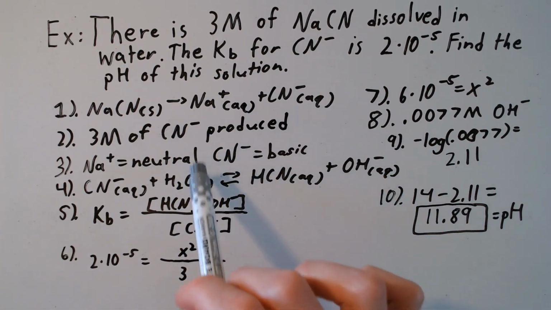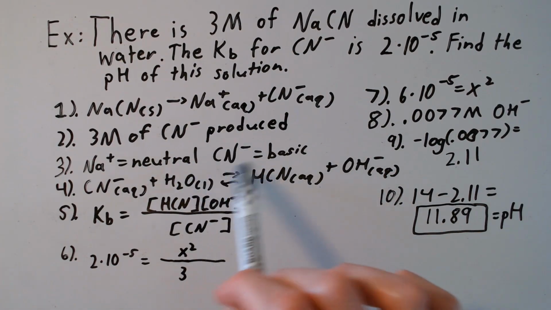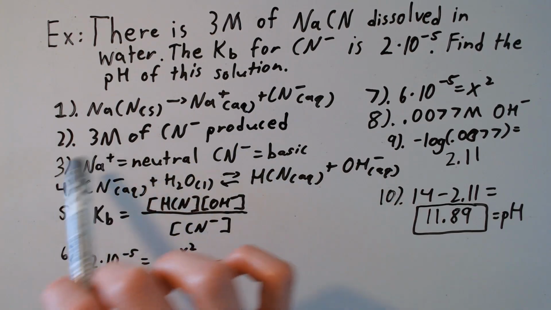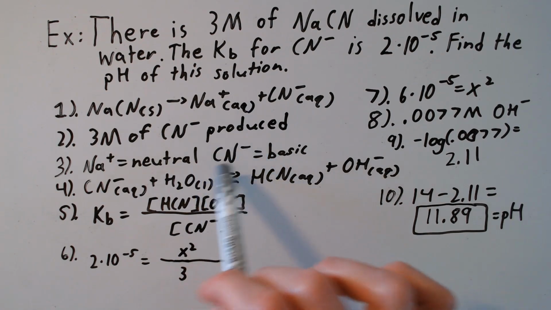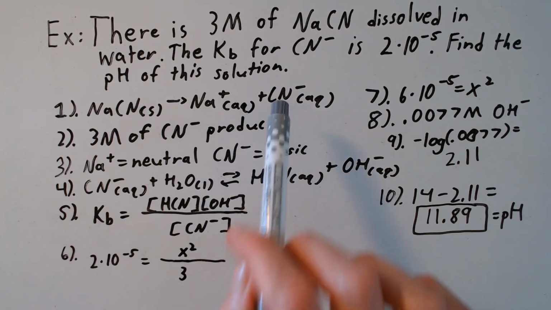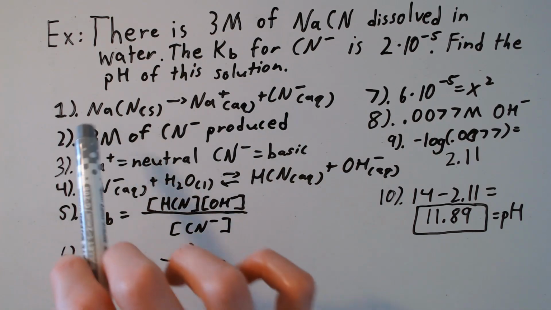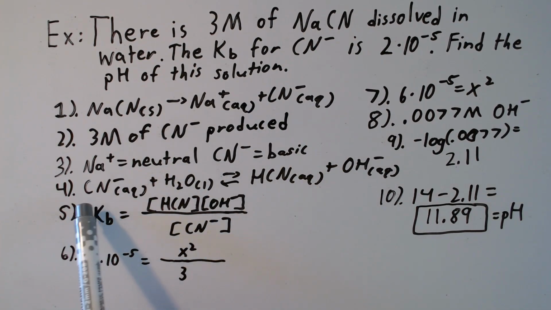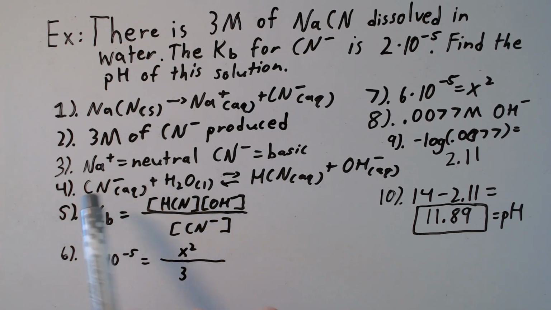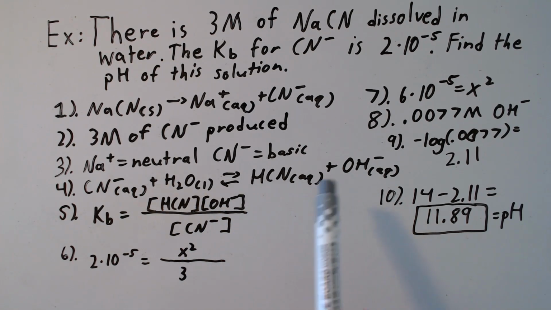And we only need to know how to solve for the concentration of OH- because this Na+ does not change anything. So all that matters here is the CN- ion. And what happens when the CN- ion is released into the solution by the NaCN? Well, this is what happens. The CN- combines with water. It takes an H away from water, produces HCN, and leaves OH- because it took the H away from water.